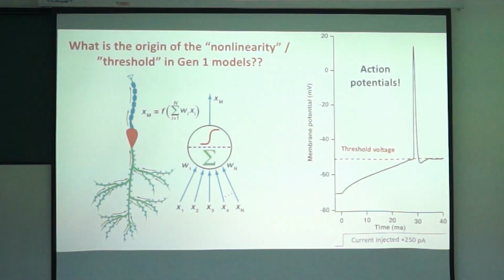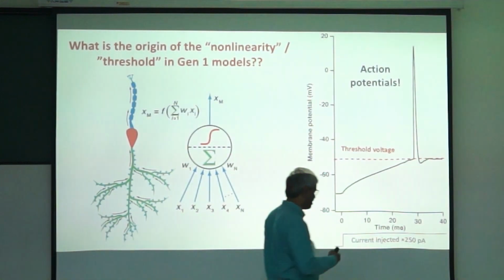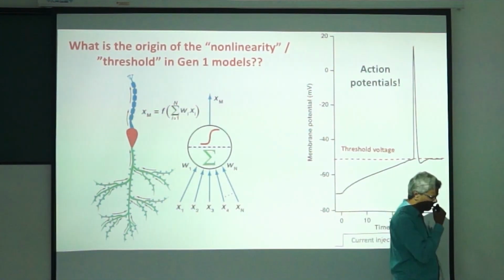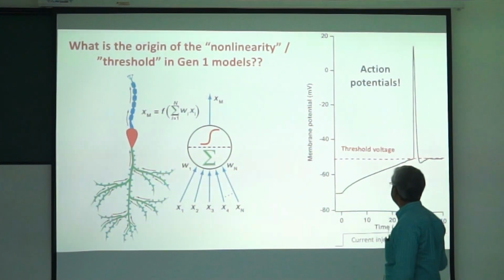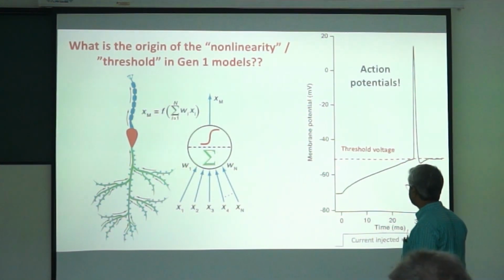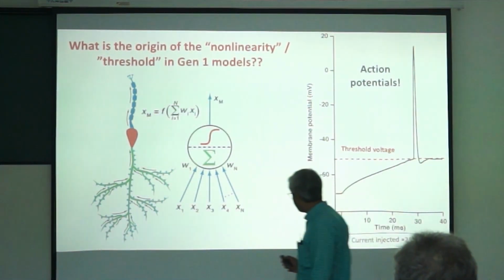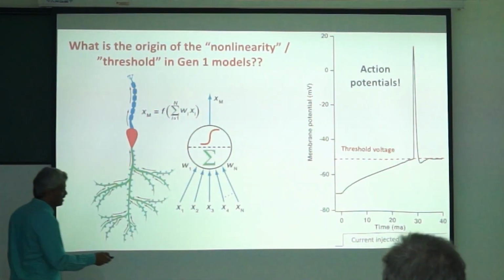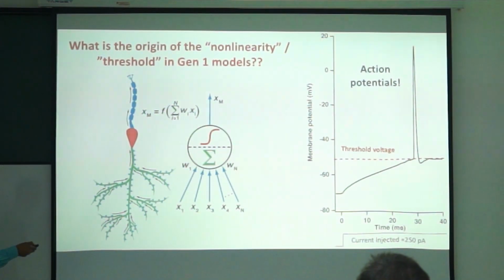It is a fundamental question. By then, Hodgkin and Huxley and Kenneth Cole and others had started recording from the squid giant axon, and they knew that action potentials look like this. There is a threshold voltage. You are injecting a certain amount of current, and that current is integrated by the RC, let's say, and once you reach a certain threshold voltage, you elicit this action potential, which is a 100 millivolt signal with 1 millisecond width.